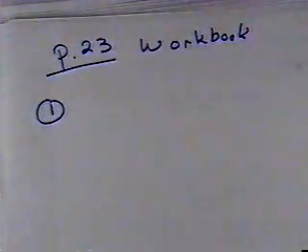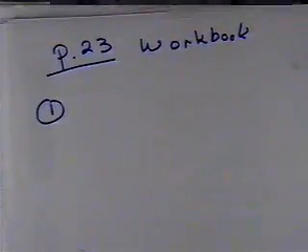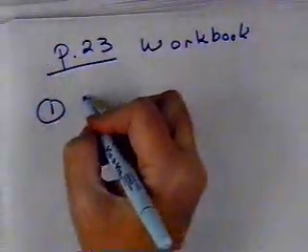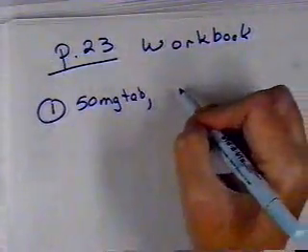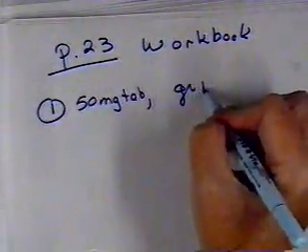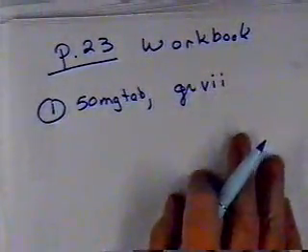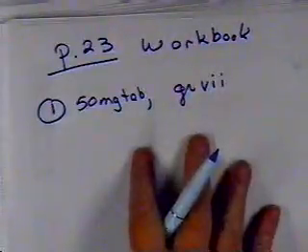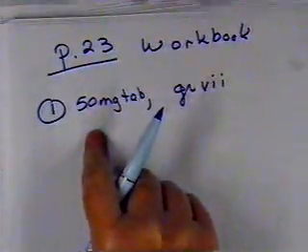The first problem on page 23 says 50 milligram tablets, give 7 grains. If they have 50 milligram tablets and I'm supposed to give 7 grains, we have to do a conversion until we have the same strength. Grains into milligrams.